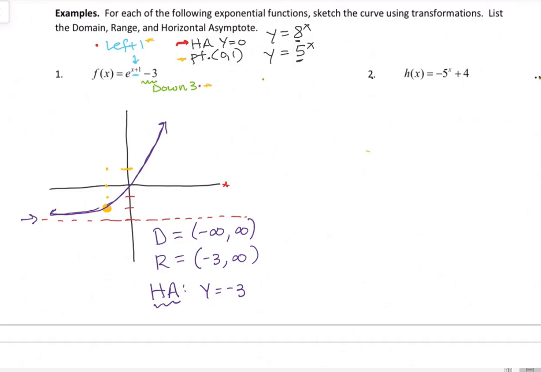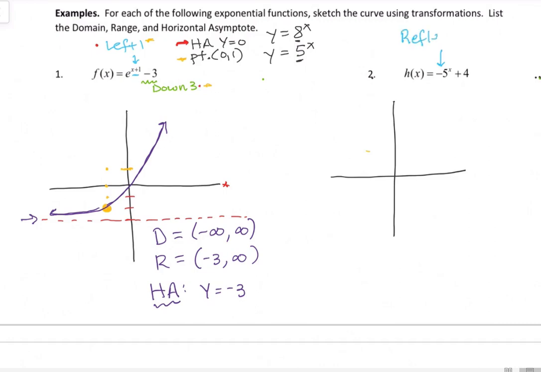Okay, example number 2. We want to sketch the curve of -5 to the x plus 4. So again, let's identify what the transformations are. I don't have anything being added or subtracted to the x, but I do have this negative out in front of the 5. So remember, out in front of the whole function, that's going to be a reflection.